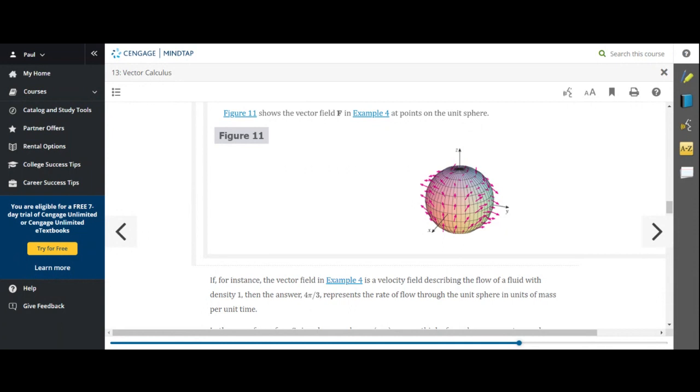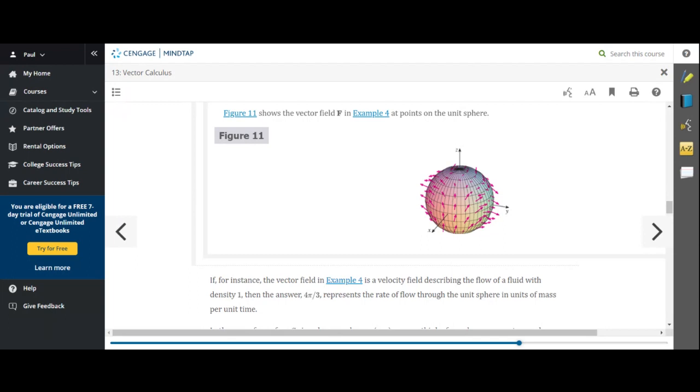Ryan says it's positive. Yes, looking at the picture, John and Diodath agree. Excellent. Definitely the net rate of flow is outward, so the flux integral should be positive. We should get a positive value for our flux integral.